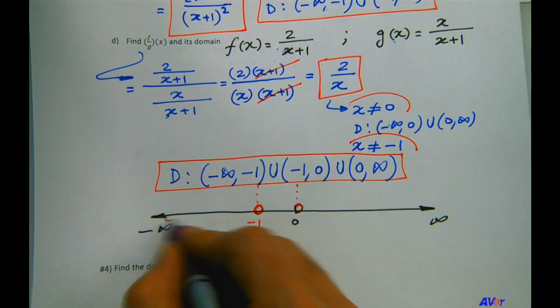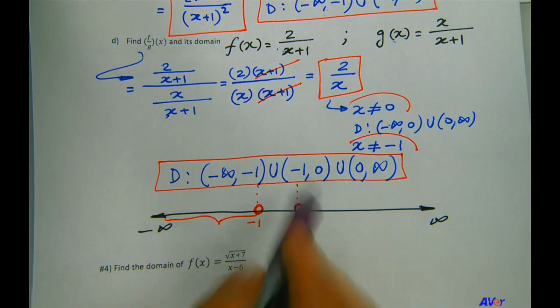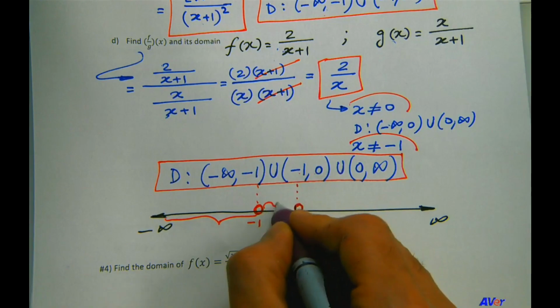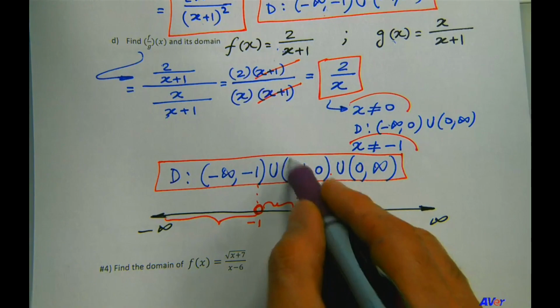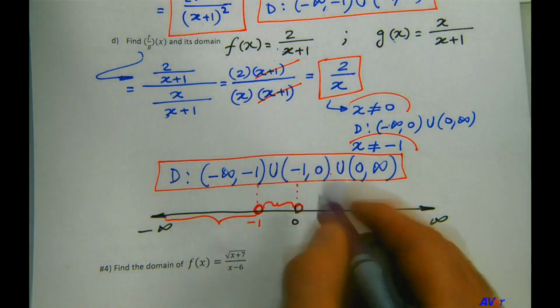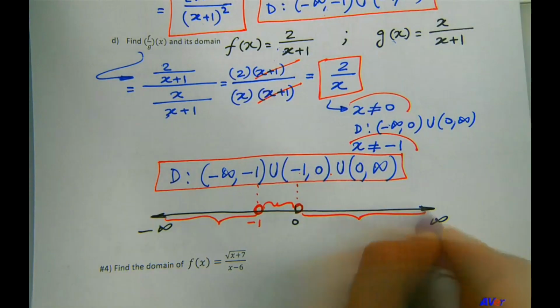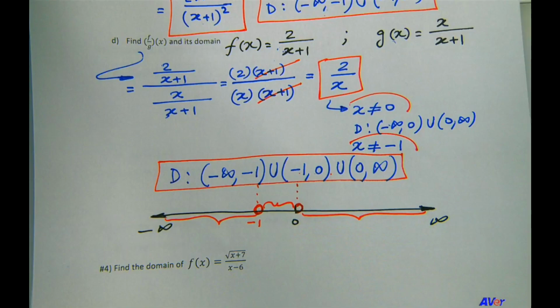So one piece is that's -infinity to -1. -1 to 0, that's that piece, excluding -1 and 0, and we do that with the parentheses around these two. And then the rest of that is 0 to positive infinity, which is that. Okay? I hope this is making sense.